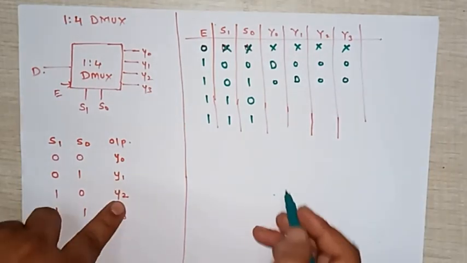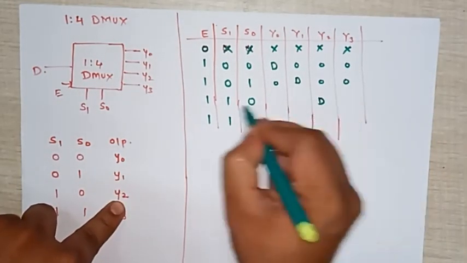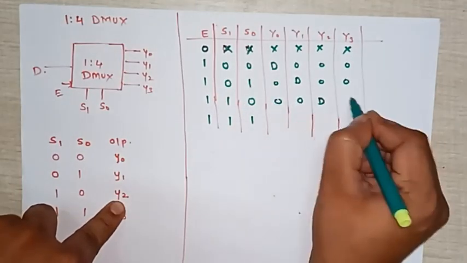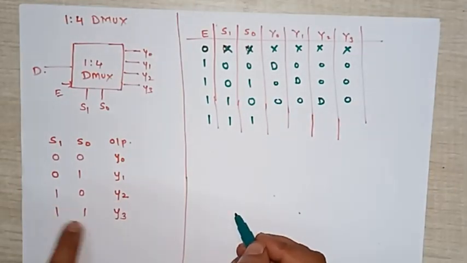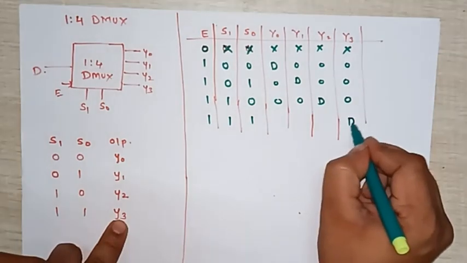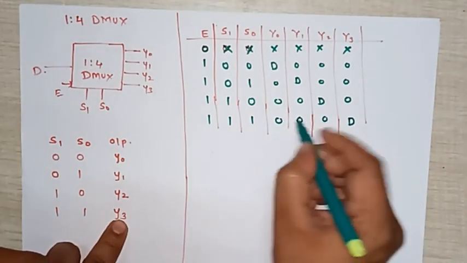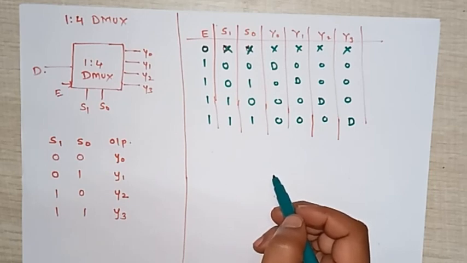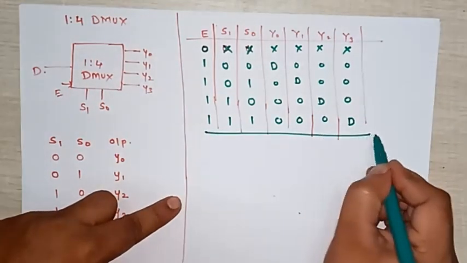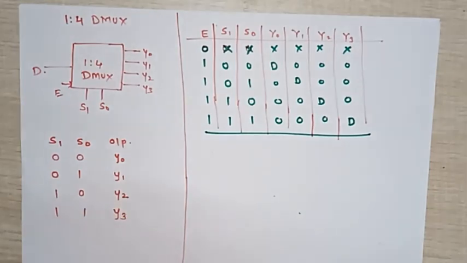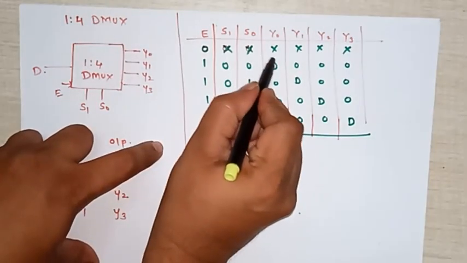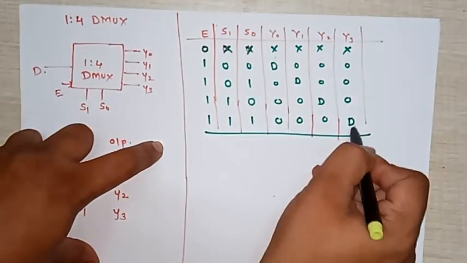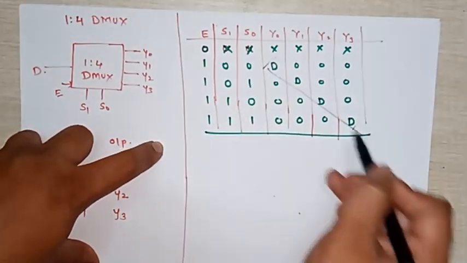For 1 0, Y2 is D, remaining are 0. For 1 1, Y3 is D, and remaining are 0 0. So that is the truth table of the 1:4 demux. Here you can also remember the sequence, as we are getting the values diagonally.